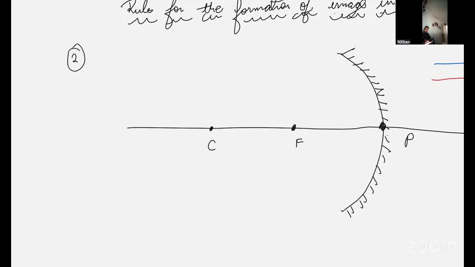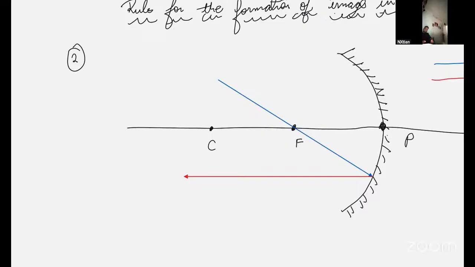The second law says that if a line goes through the principal focus like this, after reflection, it will become parallel to the principal axis. It means the vice versa of the previous law. The previous law says parallel to the principal axis, go through focus. Now this is saying going through focus, parallel to the principal axis.